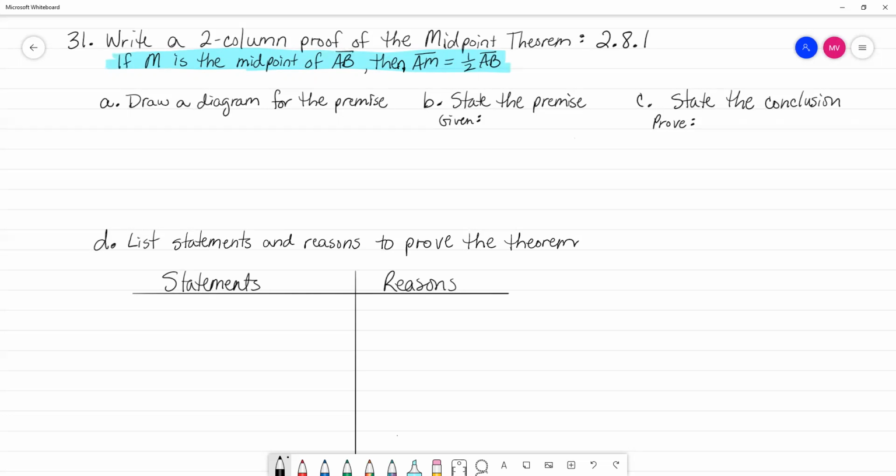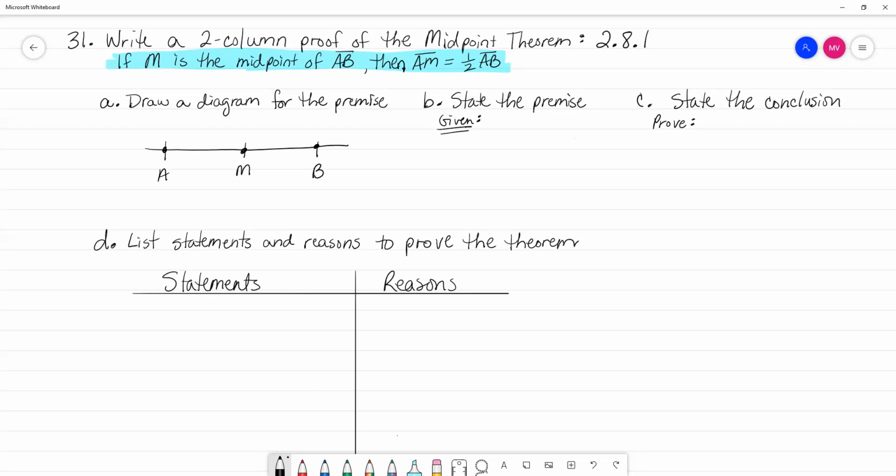So first, let's draw a diagram for our premises. There's a couple of steps to this problem. So A, B, and then right here, as close to the middle as I can get it, is M. There's our points. That's our diagram. So state the premise. The premise says that M is the midpoint of AB.